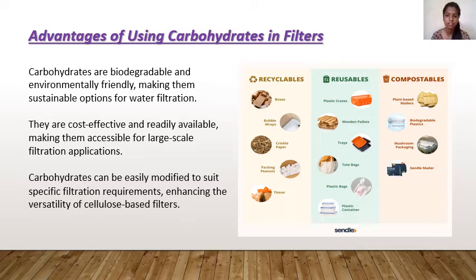Here we can see the three types: recyclables, reusables and compostables. Examples of recyclables are boxes, bubble wraps, crinkle paper, packing peanuts and tissues. The reusables are plastic crates, wooden pallets, trays, tote bags, and plastic containers, which we can reuse.